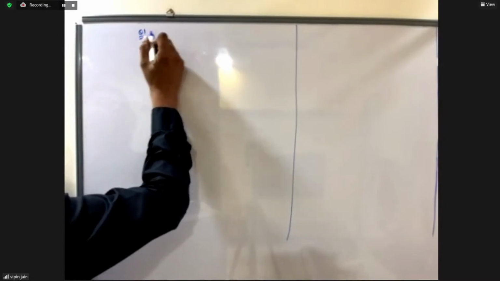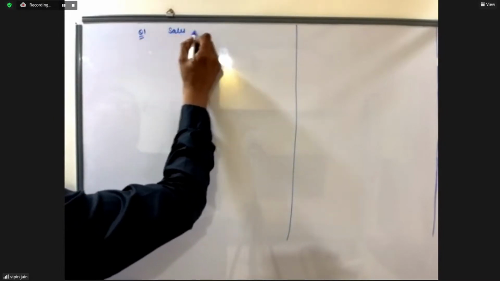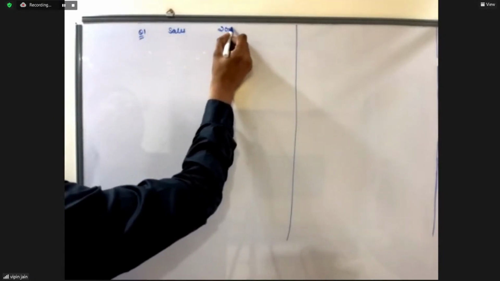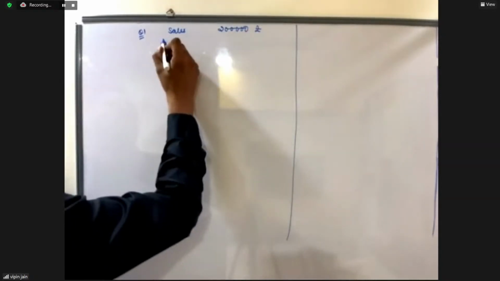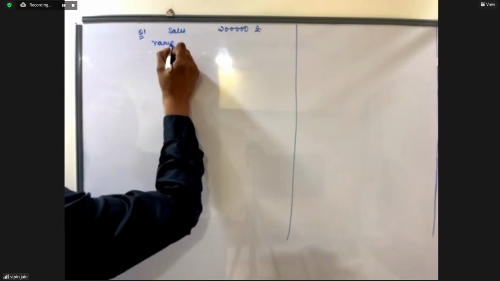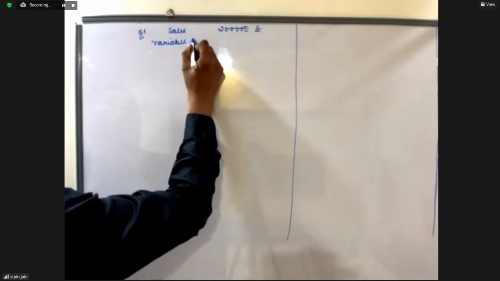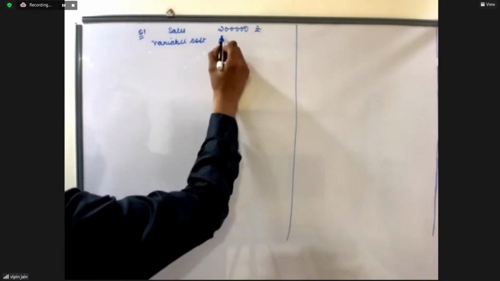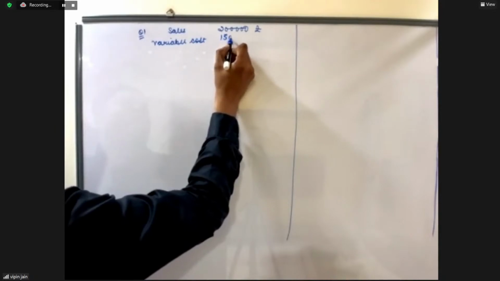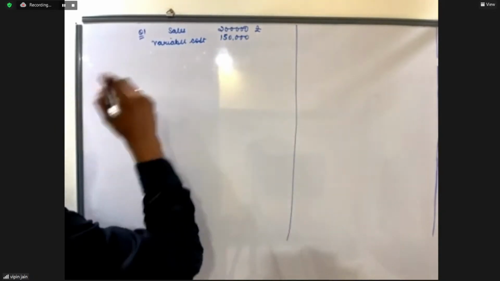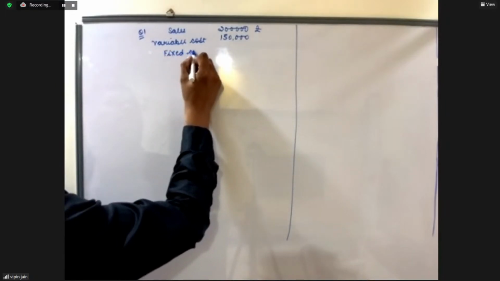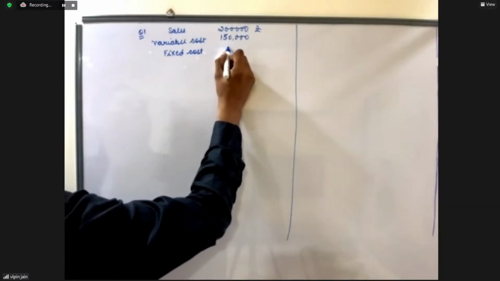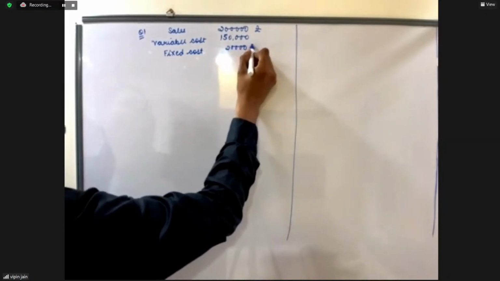First question. Let's say my sales is 2 lakh rupees. My variable cost is 1,50,000. My fixed cost is 20,000 rupees.